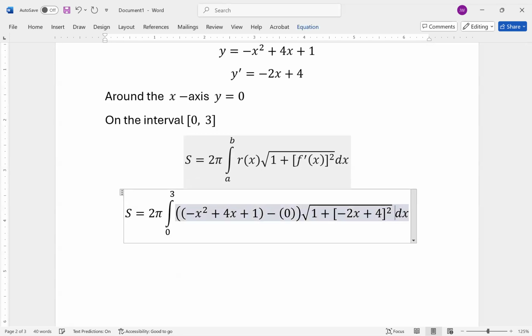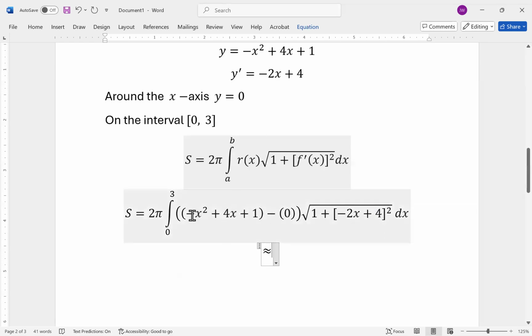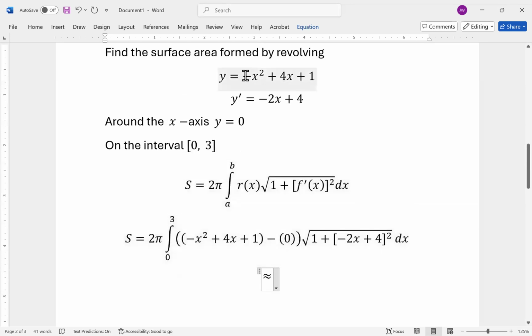At this point, you can integrate, I usually anyways, plug it into my calculator. Don't forget that there is a 2 pi out front. It is, in this case, a lot to plug in, but remember the radius is original function height down to y equals 0, and this part uses the derivative.